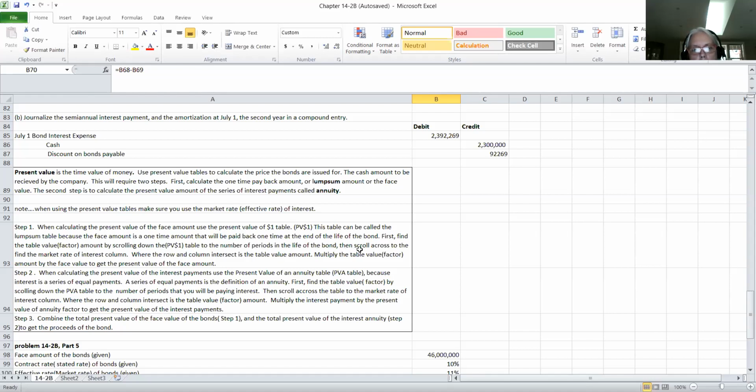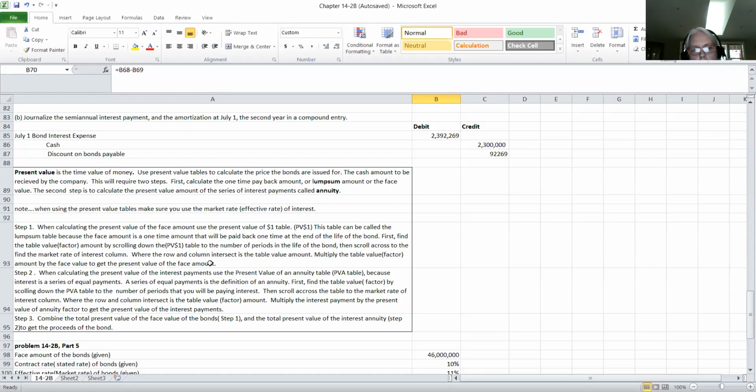And then we're going to scroll across to find the market rate of interest column. So we'd scroll across to the market rate of interest, which was 11% annually divided by 2, which would be 5.5%. On our table, we're going to look for 5.5%, and we're going to look for the number of periods to be 40.